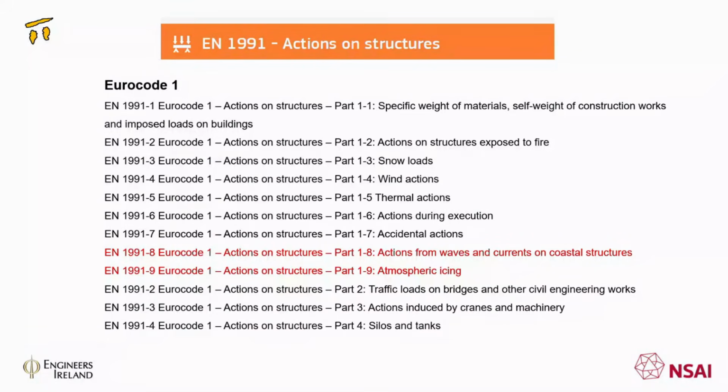Part 1.2, actions on structures exposed to fire. Part 1.3, snow loads. 1.4, wind actions. 1.5, thermal actions. 1.6, actions during execution. 1.7, accidental actions. And then there's two new parts which have come in. Part 1.8, actions from waves and currents on coastal structures, and part 1.9, atmospheric icing.